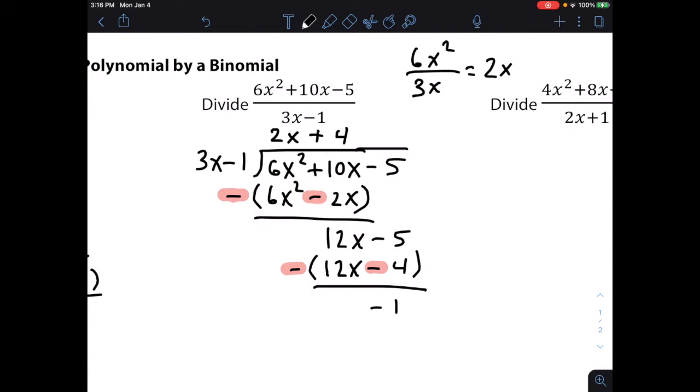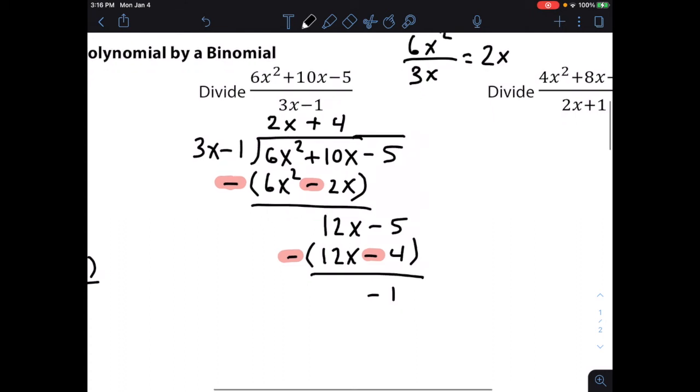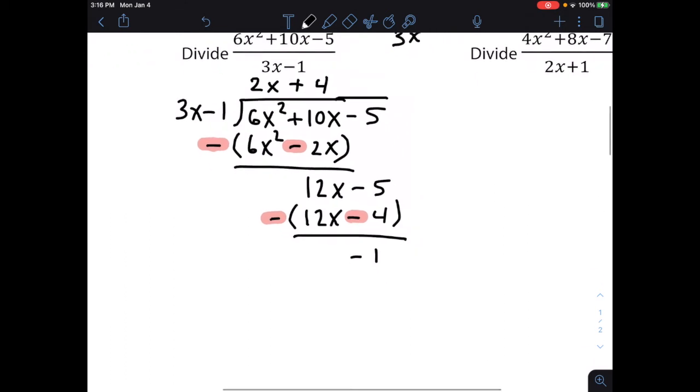All right, and I have nothing else to bring down, and 3x minus 1 does not go into negative 1 at all. So what I have is a remainder, and we're going to deal with the remainder the exact same way we dealt with the remainder in the examples with just numbers. So our answer is going to be 2x plus 4.